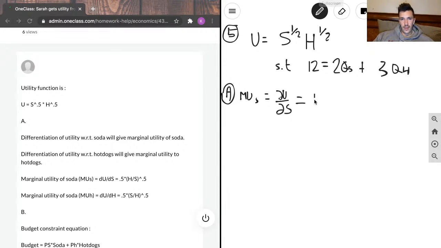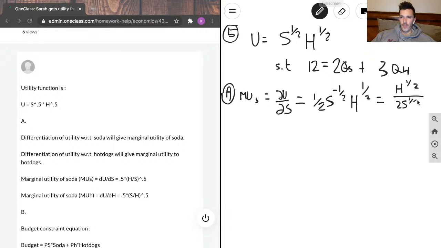So we're going to get 1/2 S to the negative 1/2 times H to the 1/2. That's going to equal H to the 1/2 over 2S to the 1/2.